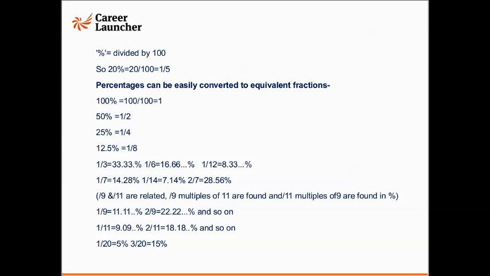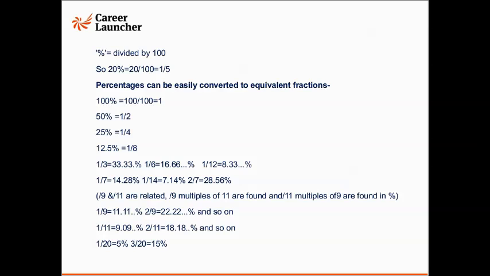I'm just telling you that if suddenly 16.66% is given, don't panic, just try to memorize that 33.3% is 1 by 3, correct? So if we divide it by 2, we'll get 16.66%, which is nothing but 1 by 6, correct?